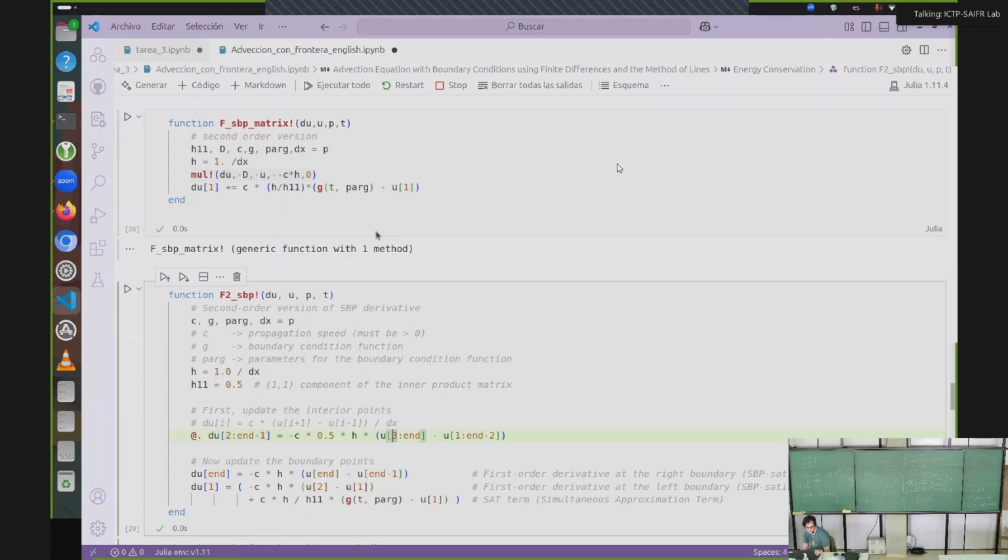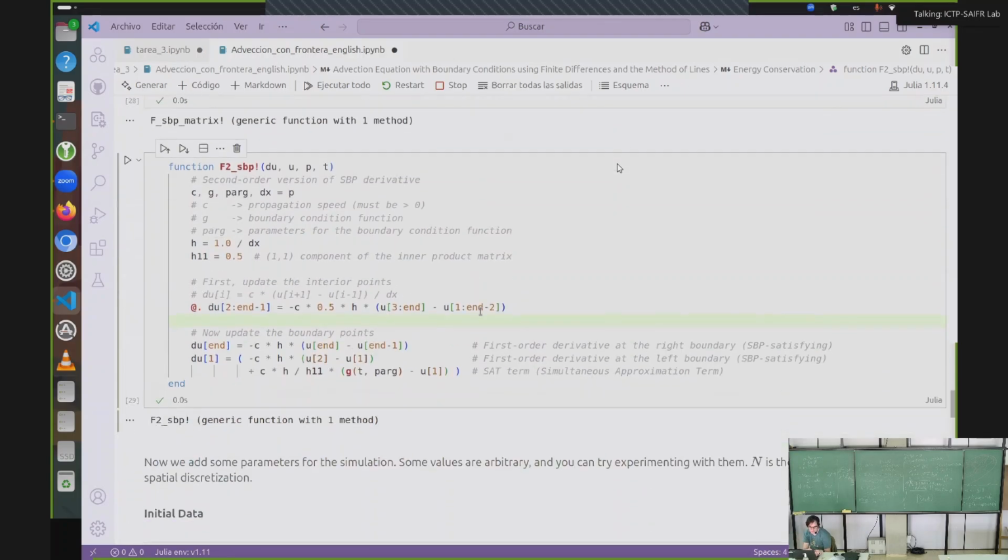Here maybe we need some broadcasts to multiply, to do the subtraction, stuff like that. So just to not be putting a dot here, for example, and maybe we need another dot here. When you use this macro, it just adds all the broadcasts that are needed. So this operation is point by point wise instead of being by the whole vector.